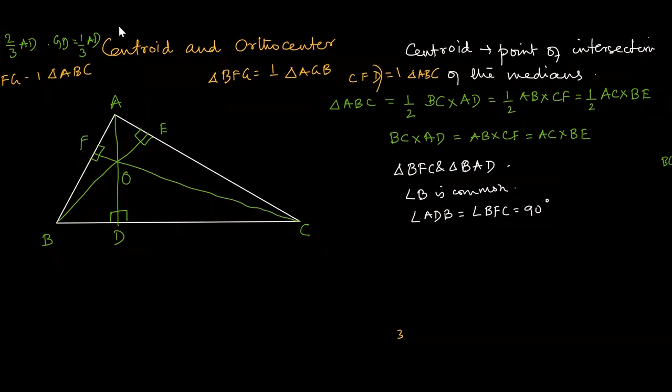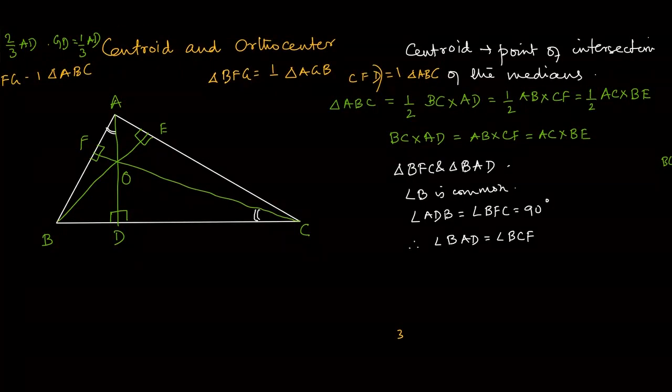Two angles of a triangle are equal, which means the third is also equal. So therefore angle BAD is equal to angle BCF, right? Which means that the sides would be proportional. Now tell me which sides would be proportional.